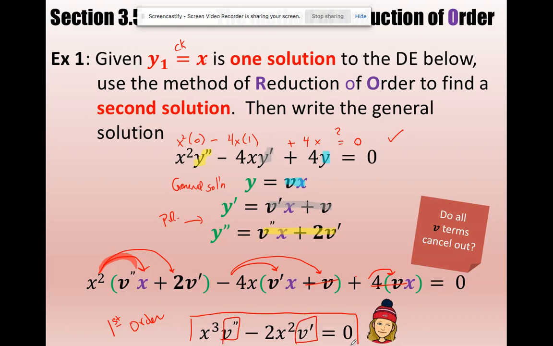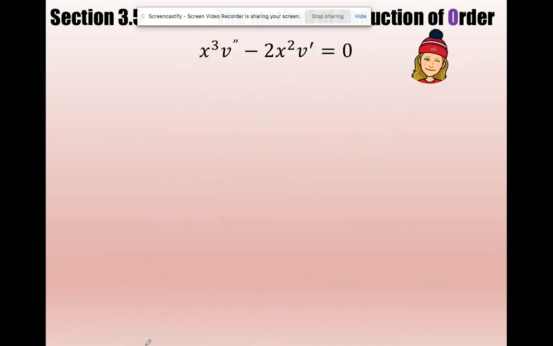And I'm going to use the integrating factor method on it. The integrating factor method means I'm going to divide by x cubed and then find my integrating factor, which will be the new coefficient of v prime. So divide everybody, or multiply by x to the negative 3.